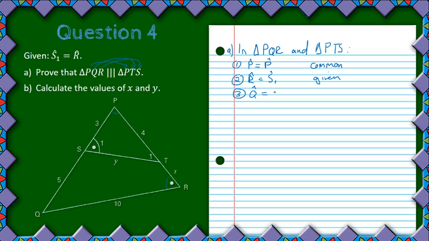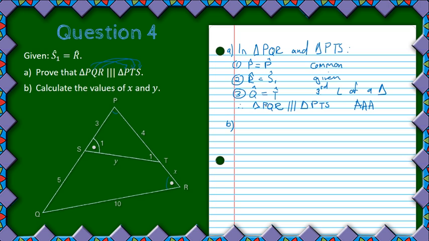So Q equals angle T, third angle of a triangle. Okay, so therefore triangle PQR is similar to triangle PTS, and once again our reason is just angle, angle, angle. Now for B, calculate the values of x and y.